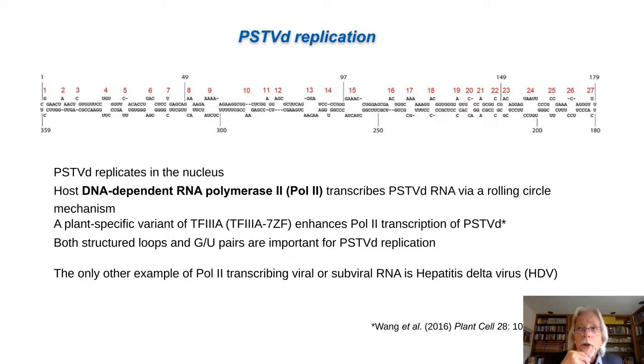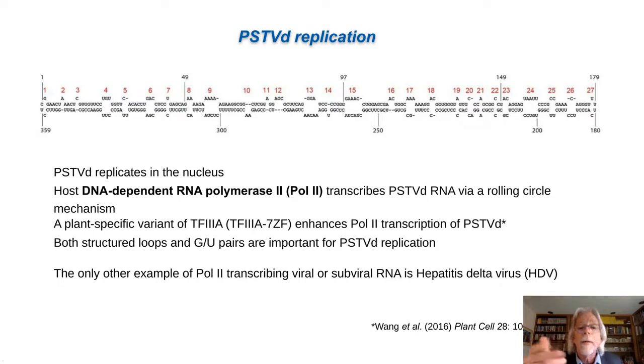We don't know much about how it manages to use a non-native template RNA in this case, but we do know that a plant-specific variant of transcription factor 3A enhances Pol II transcription of PSTVd. Now, 3A, TF3A, is actually a factor that typically works with RNA polymerase III. So there's a lot we don't know about this process either.